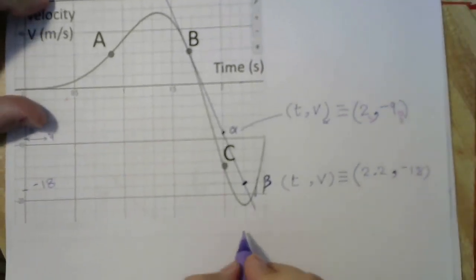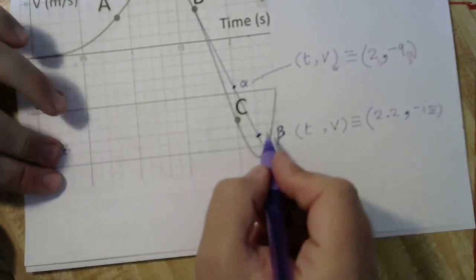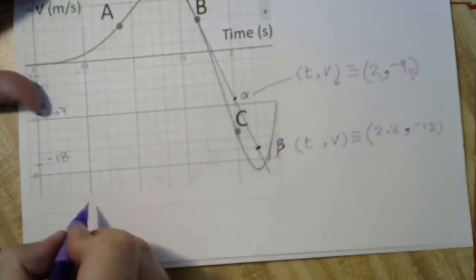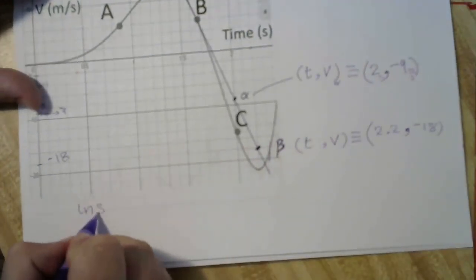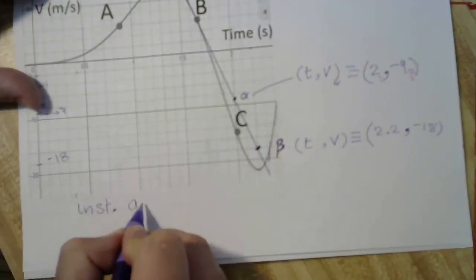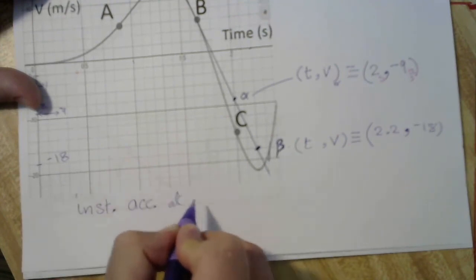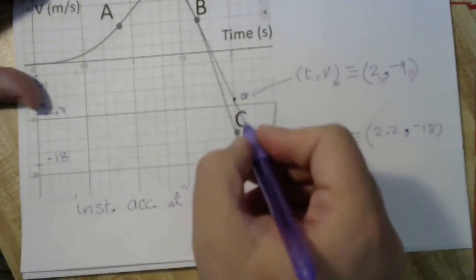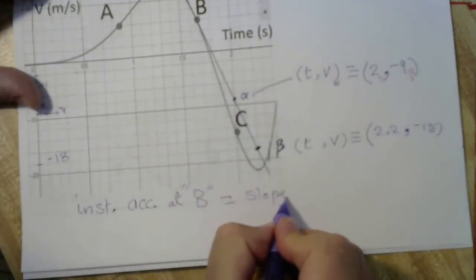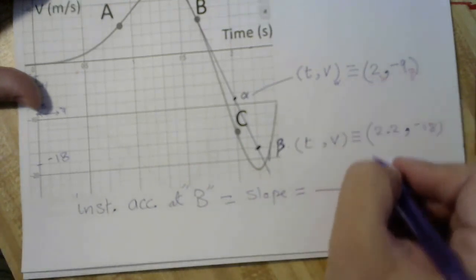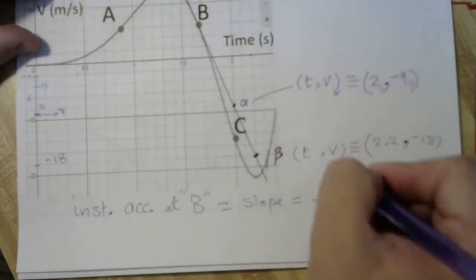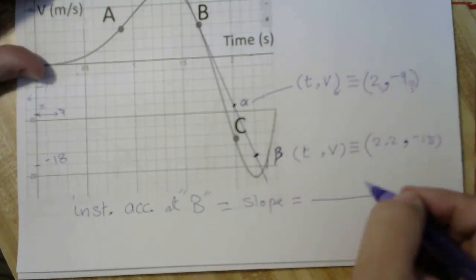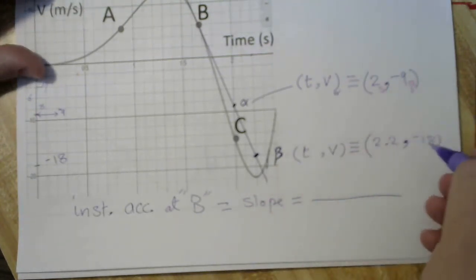Okay, now the instantaneous acceleration at point B is equal to the slope of this line, which is equal to the difference in velocities divided by the difference in times.